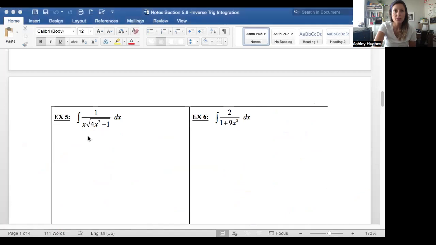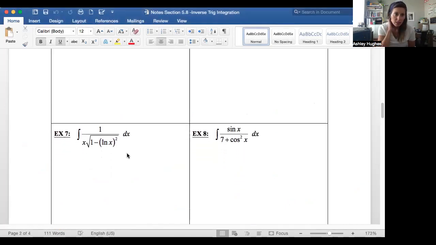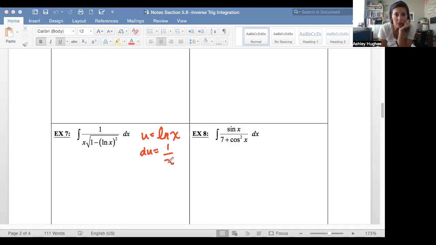Let's look at the next one. Okay, so this one, if we make our u natural log, our du would actually be 1 over x dx. We solve for dx, we get x du.